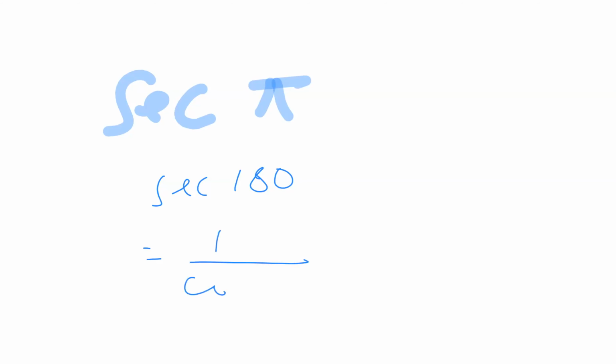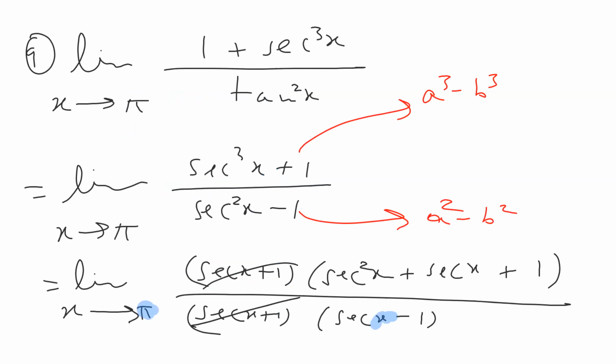Sec pi is equal to sec 180, so cos 180 is minus 1. So this is equal to 1 upon cos 180. So 1 upon minus 1, answer is minus 1. So down, after substitution of x as pi, we are not getting 0. We are getting minus 1, minus 1, so minus 2.